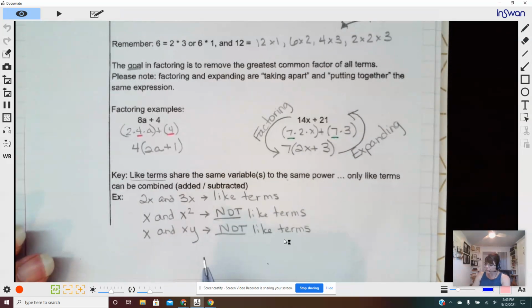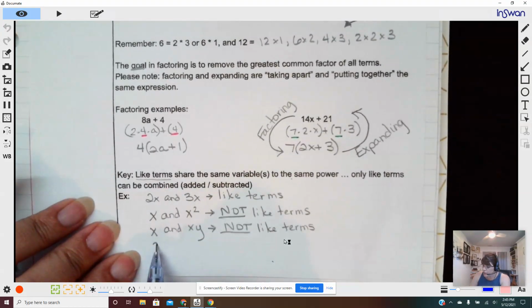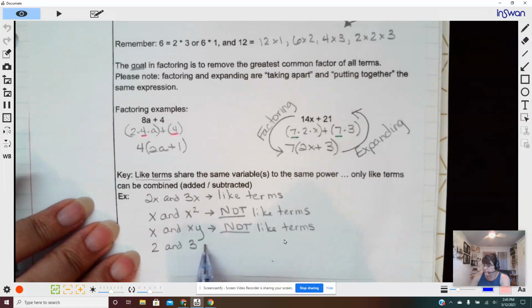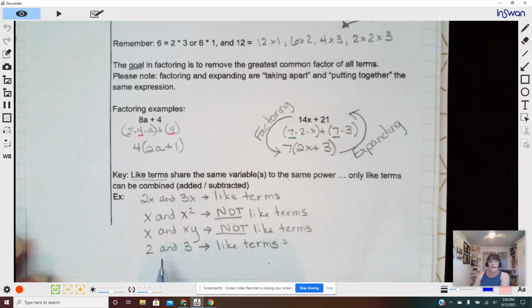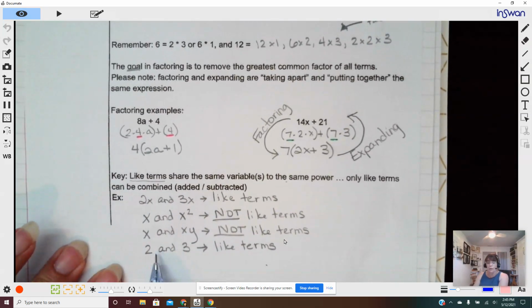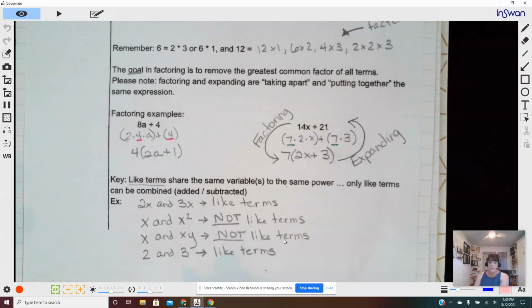Okay. 2 and 3 are like terms. Sometimes we forget as teachers to tell you guys that just numbers are like terms. The fact they have no variable is what makes them like terms. They're just numbers.